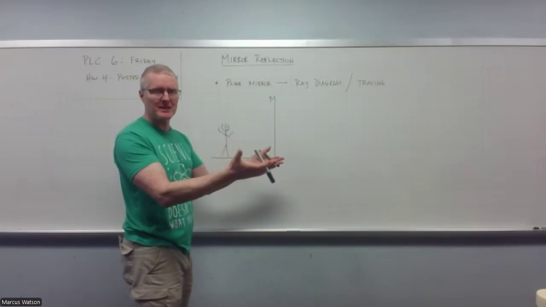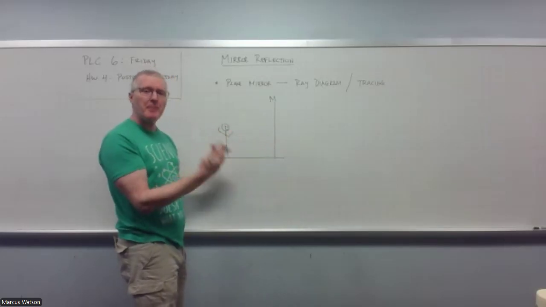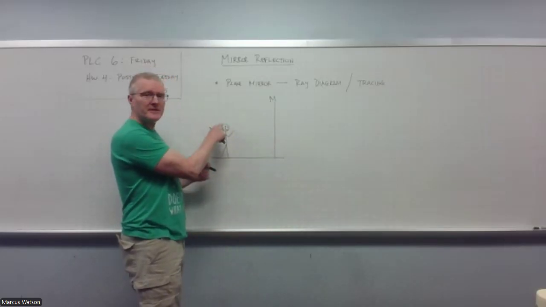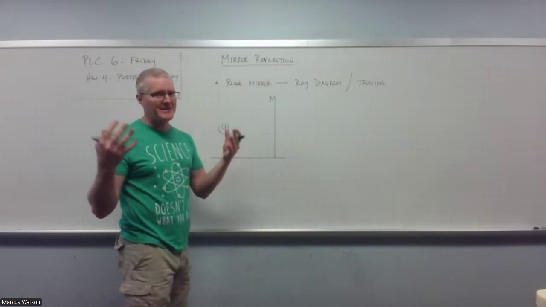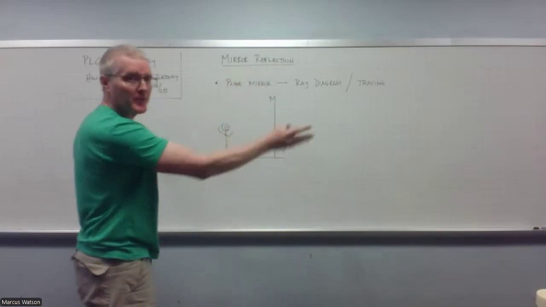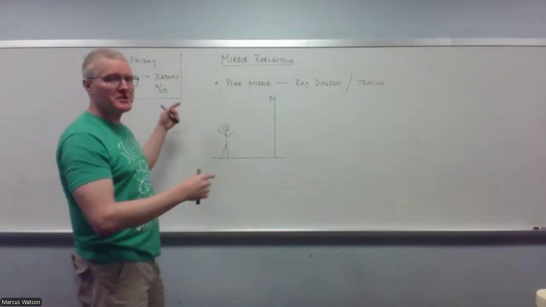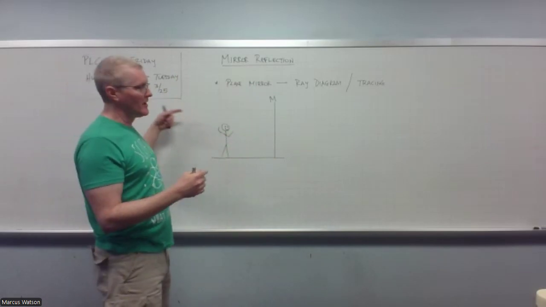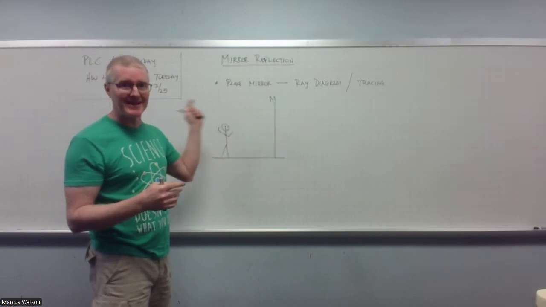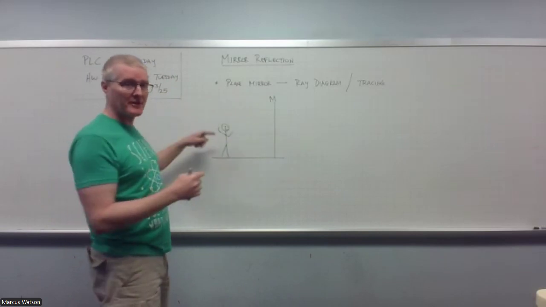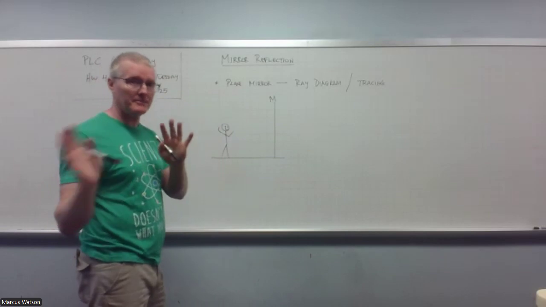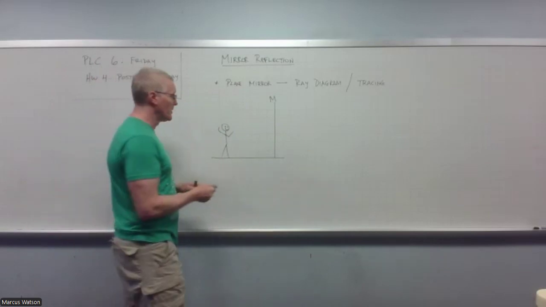We select particular rays as we go along, despite the fact that the top of the person's head is essentially acting like a point source and is emitting light in all directions. I'm just going to focus on the ones that are going this way, hitting the mirror and bouncing off. There are other ones, but I'm not interested in those right now.